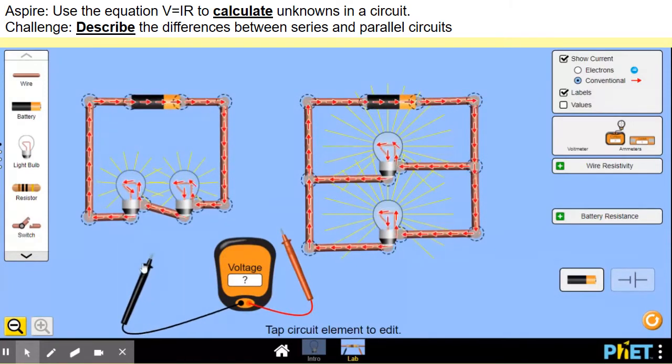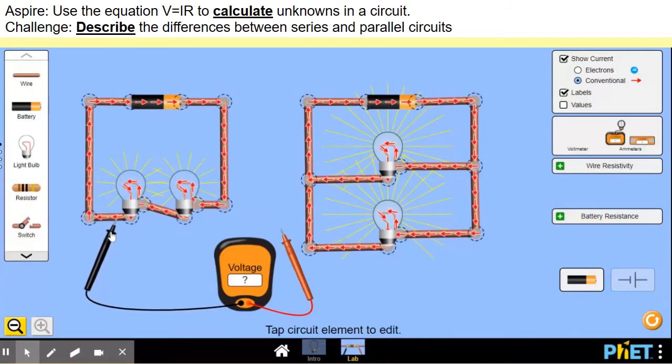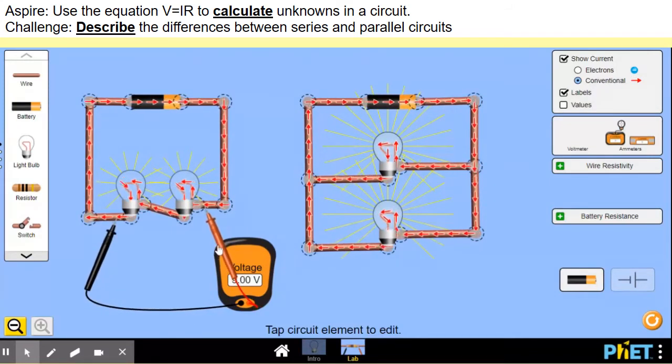If I then put the voltmeter across both bulbs, you can see that adds up to 9 volts. So the total potential difference that we've got here, 9 volts across your 2 bulbs, is the same as the cell. Well, that makes sense because that's where the potential difference comes from.